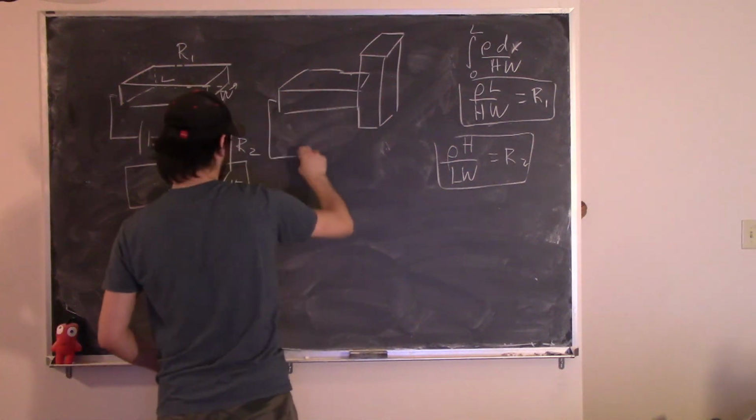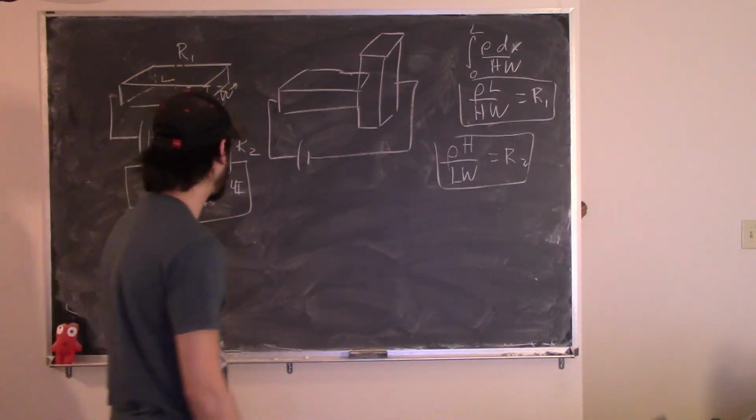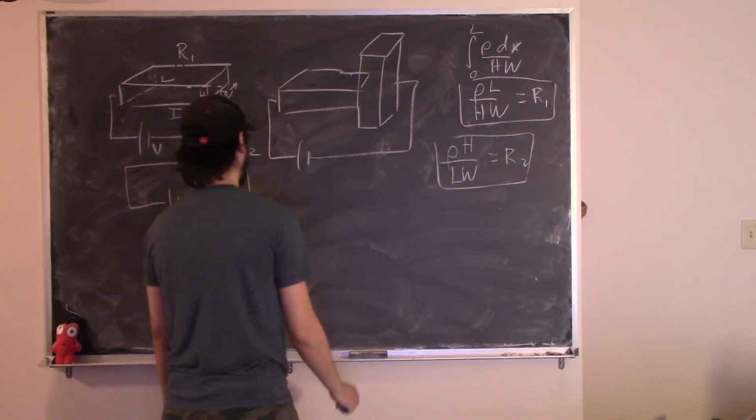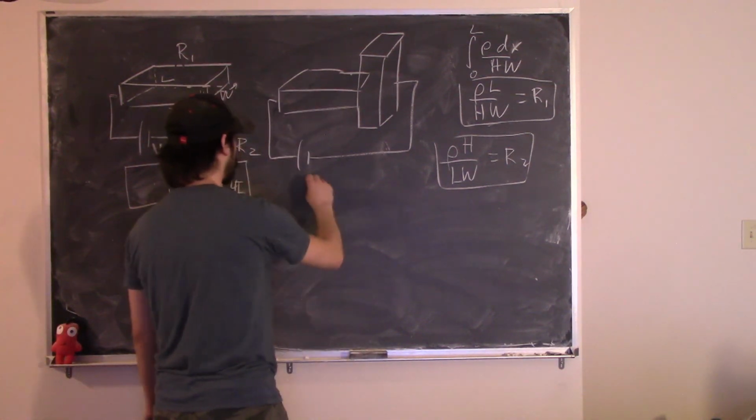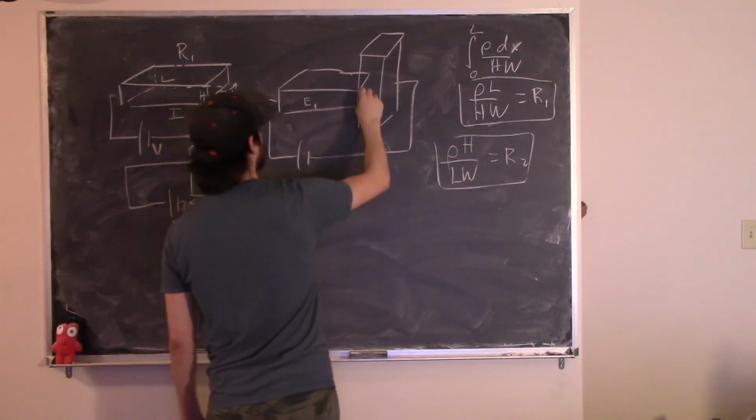So we connect the blocks like this. And what we want to do is find what the electric field is in each one of these. So we want to find E1 and E2.